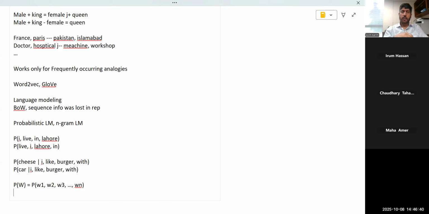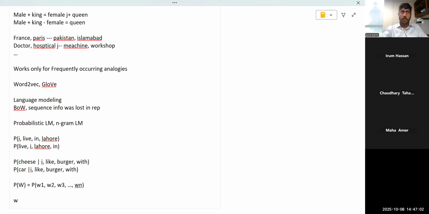Capital W is the sequence, and W1, W2, W3, W4 are the individual words in the sequence, in order. The one I wrote, W1, means that it's the first word in the sequence. It doesn't mean that it is a particular word from the vocabulary. It's a word from a sequence.